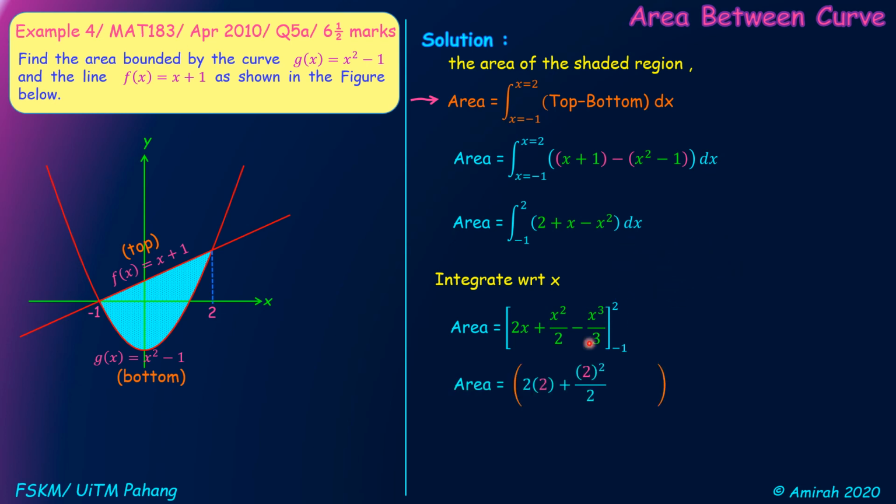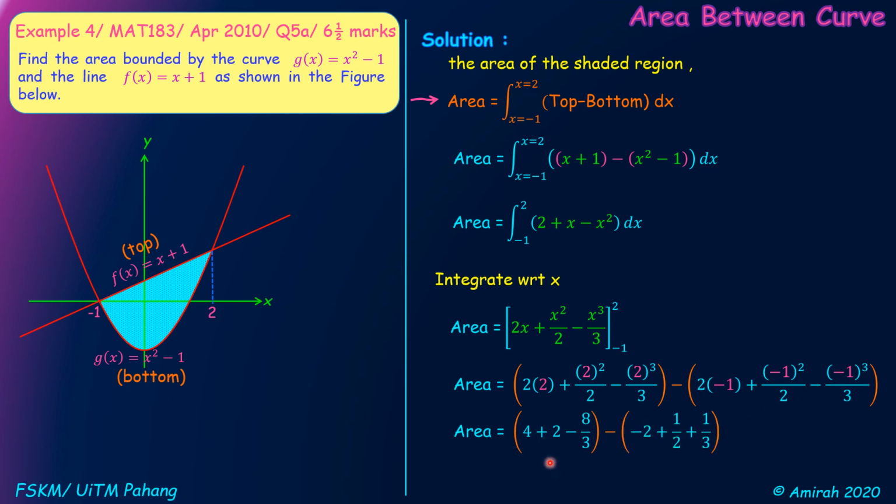After that, we substitute the upper limit first into variable x. And then in between there must be a minus sign. After that, we replace the lower limit -1 into variable x here. So we get this. Before that, negative to the power of odd equals negative, and negative times negative equals positive.